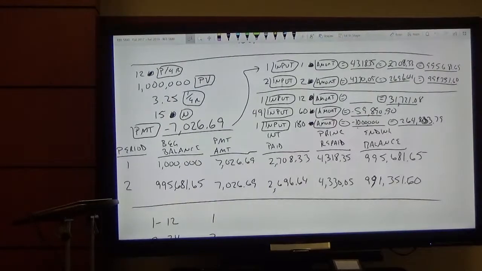Everybody got it? Go over here on the right-hand side, get a hold with your mouse, drag down all the way to month 180, and release. Done. So there's your full amortization schedule for all 15 years.